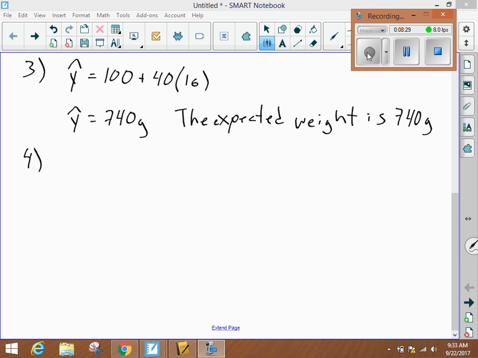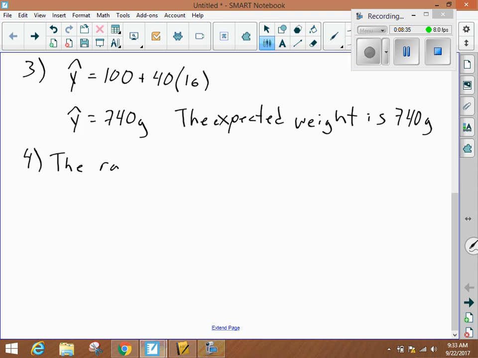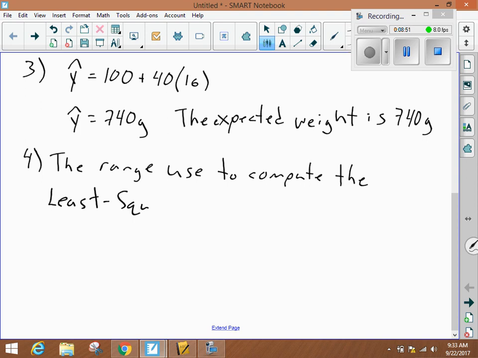Right, because the range used to compute the least squares regression equation is from 0 to 25, right? Yeah.